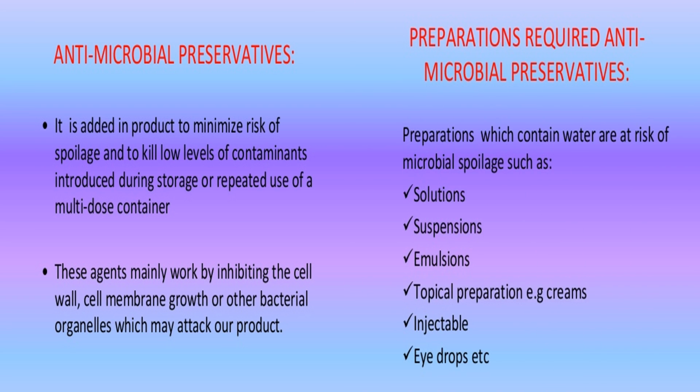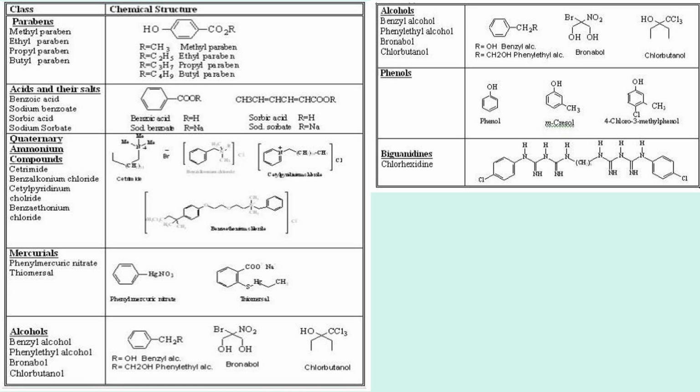Preparations that require antimicrobial preservatives are solutions, suspensions, emulsions, topical preparations like creams, injectables, eye drops. They all require preservatives because they are used multiple times. They are multiple dose containers, most of them. That's why, and they come in contact with the outside atmosphere, where they might get contaminated. So to prevent that, we add antimicrobial preservatives.